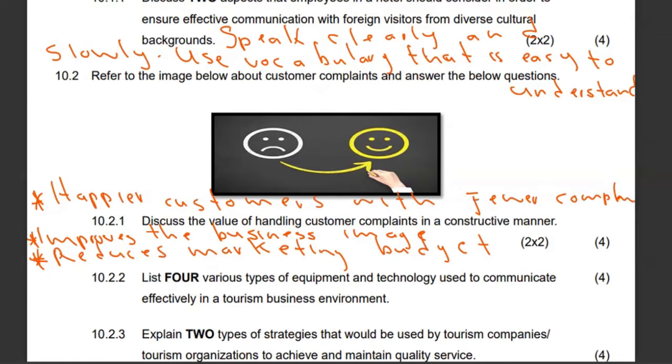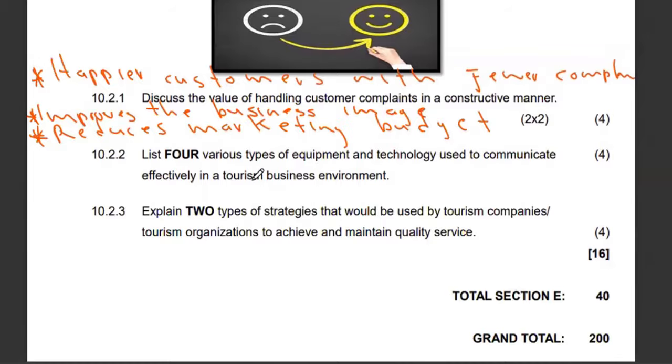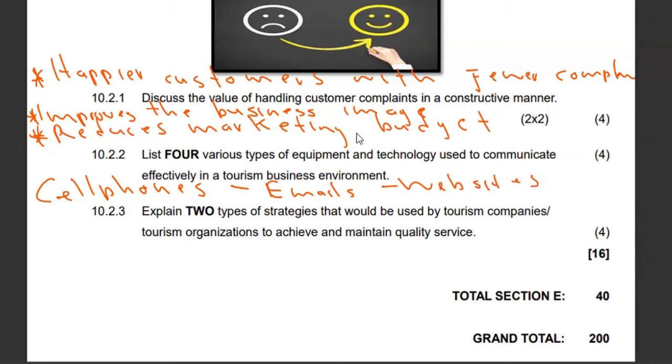Then 10.2.2 lists the various types of equipment or technology used to communicate effectively in a business environment. There are quite a number of them. You can make use of cell phones, then emails, websites, social media, then teleconferencing.